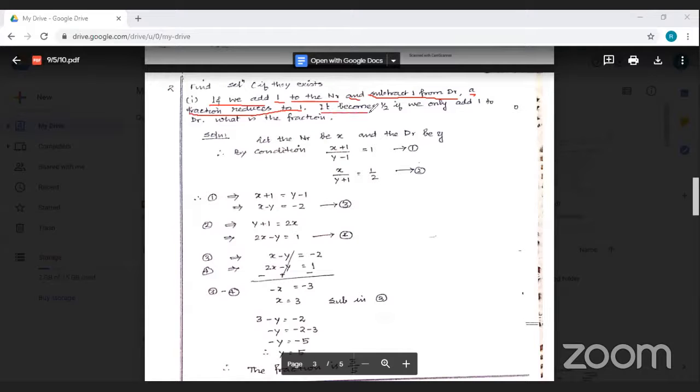It becomes 1 by 2 if we only add 1 to the denominator. What is the fraction? Now we have to find out what the fraction is. Let the numerator be x and the denominator be y. Any doubt in this?